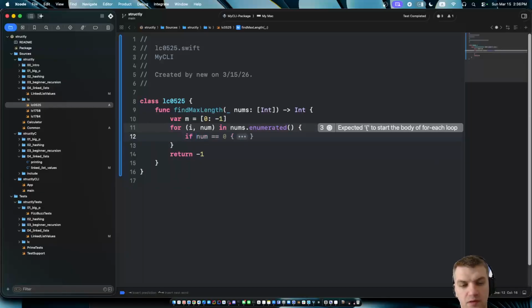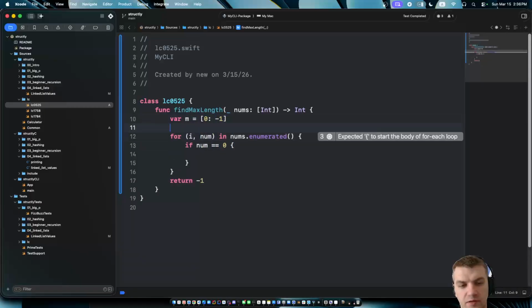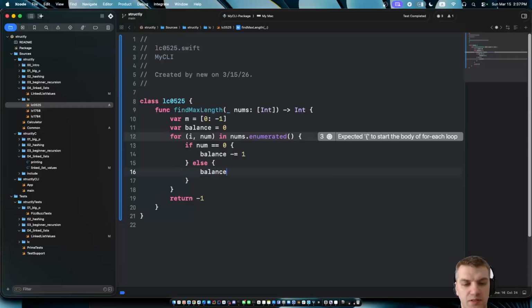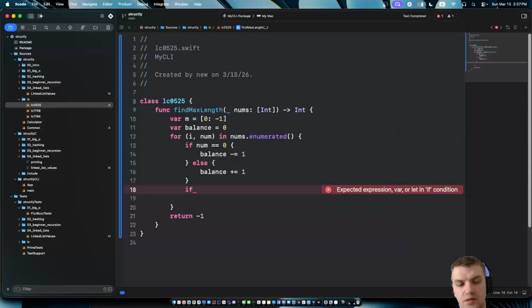If num is equal to 0, I'm going to do balance minus equal 1, else I'm going to increment the balance, plus equal 1. Then I'm going to check if I saw that balance before.